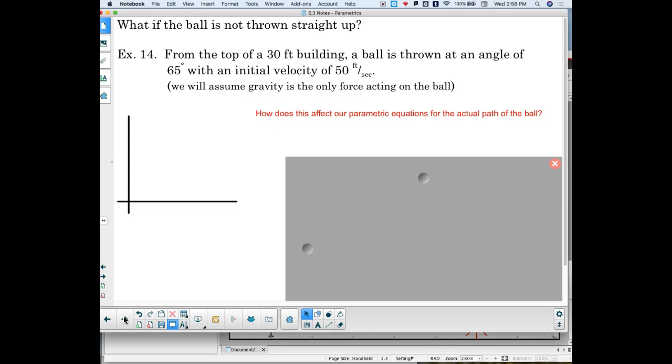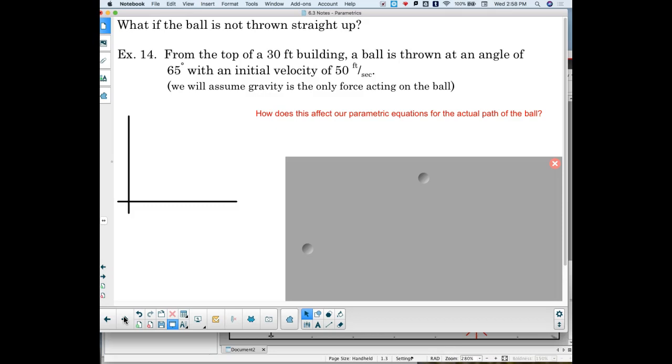Or, since I'm looking at the picture of Lambeau Field in the back there, if I'm standing at the top of Lambeau Field and I throw a football to somebody, I'm throwing it at an angle. I'm not throwing it straight up. So we're going to assume that gravity is the only force acting on the ball.